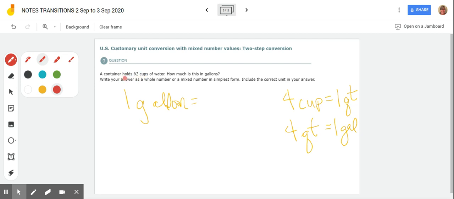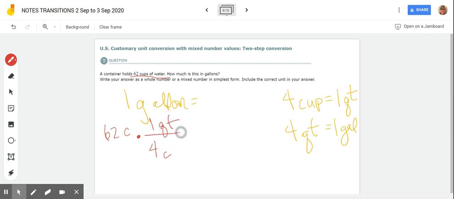Start with what they give you. Okay, we're going to change 62 cups of water, and we are going to change that to gallons. So we've got to get their inner conversions. Okay, we know that there's 4 cups in 1 quart, correct? This is like the conversion. Okay, conversion factor.